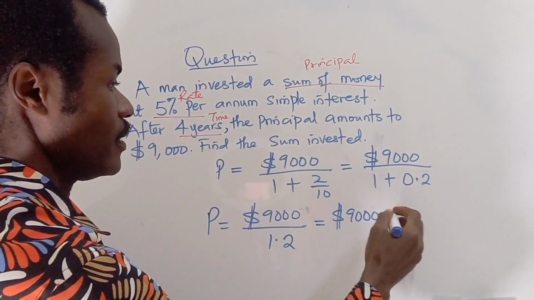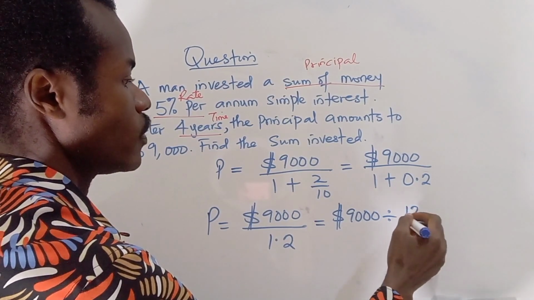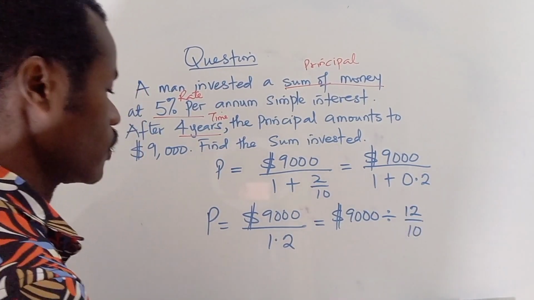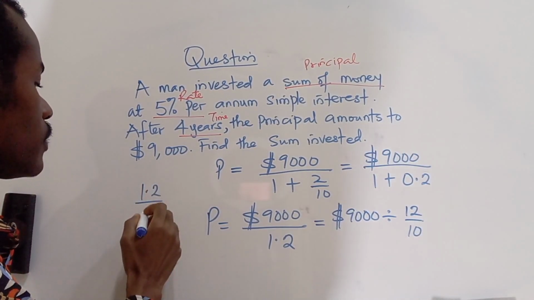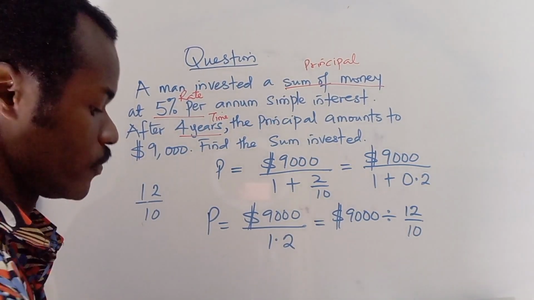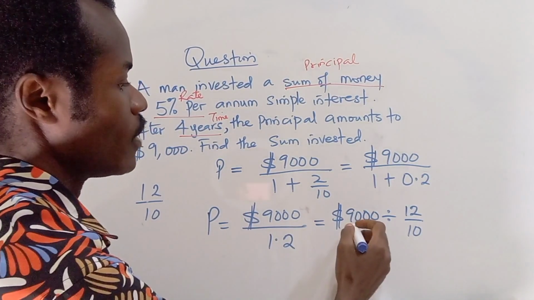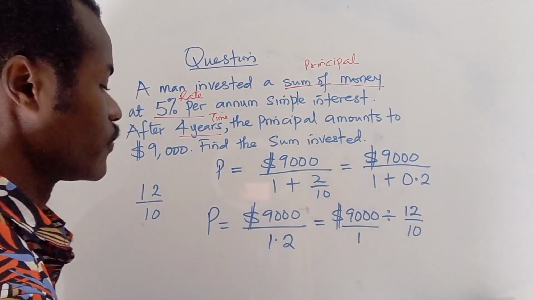We have $9,000 divided by 1.2, and we can write 1.2 as 12 over 10. Remember, 1.2: take off the point, so it's 12 over 10. So we can put our 1 here, under the $9,000. Now let's solve this fraction.